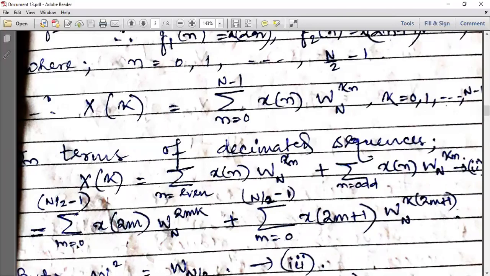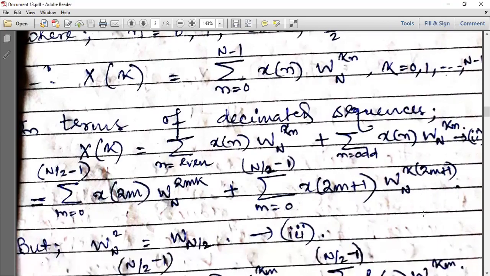So m equal to 0 to n by 2 minus 1, x of 2m W_N to the power 2mk plus summation m equal to 0 to n by 2 minus 1. Limits will be same for both cases. x of 2m plus 1 into W factor to the power k into 2m plus 1. Clear? This is for even, this is for odd. First expression is for even samples, second expression is for odd samples.